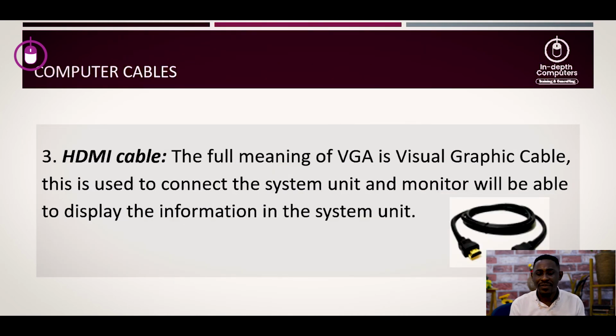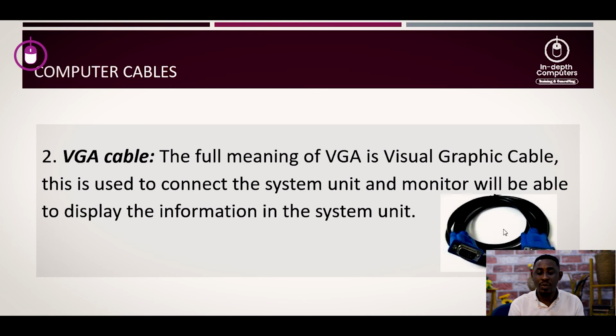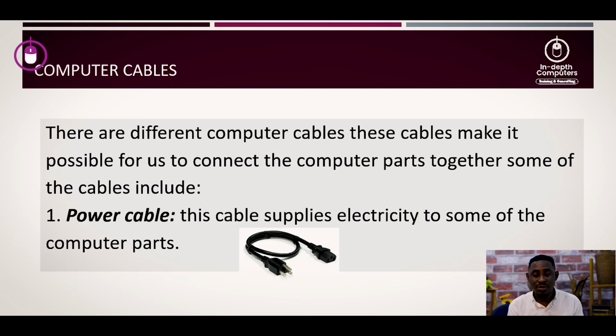And then we have the HDMI cable. Now, the HDMI cable does similar work to the VGA cable. The full meaning of HDMI is High Definition Multimedia Interface. They are used to connect the system unit to the monitor or the system unit to the projector.